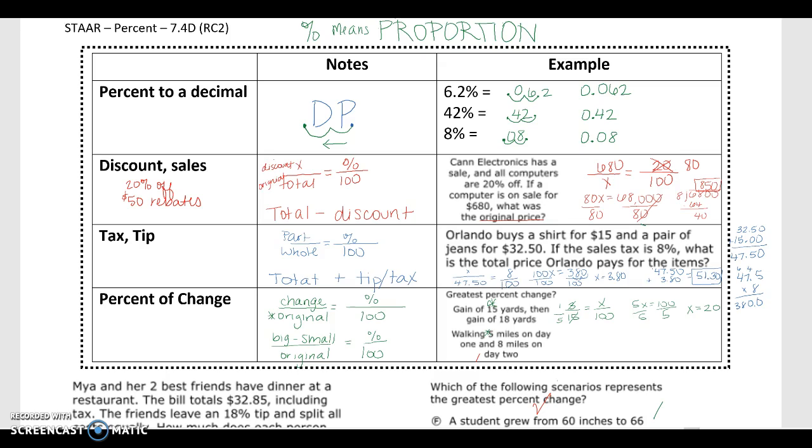So change, 8 minus 5 is 3 over original of 5 equals x over 100, right? So we have 5x equals 300. Divide by 5, divide by 5, x equals 60. So greatest percent of change was the 60.